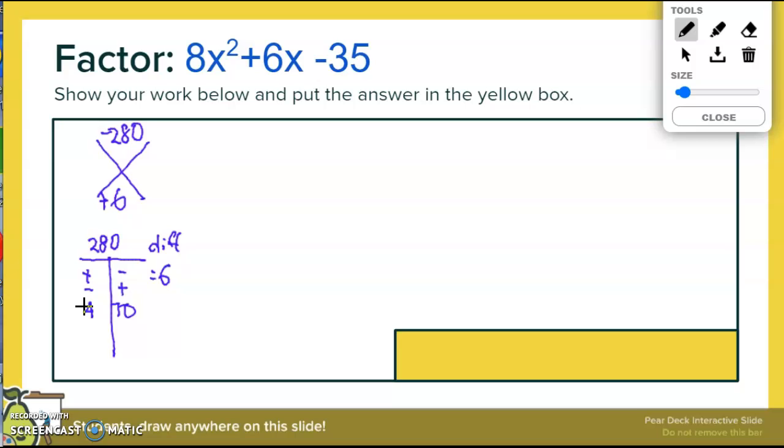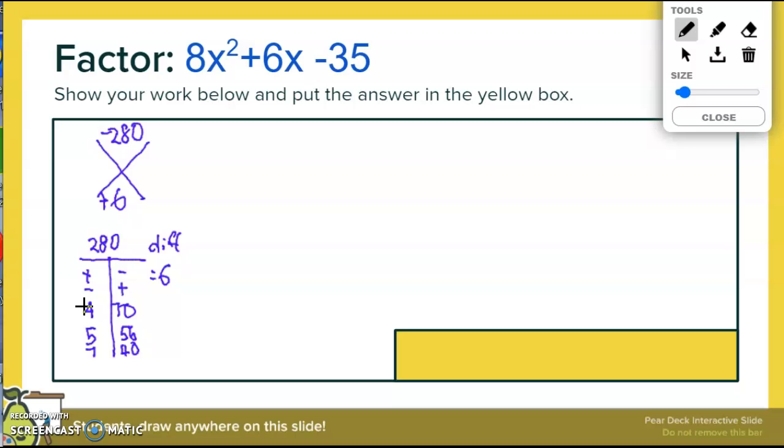Okay, so what about 5? 5 times 56, still too big. 6, it's not divisible by 6. What about 7? 7 times 40. We're getting closer, but it's still way too big.